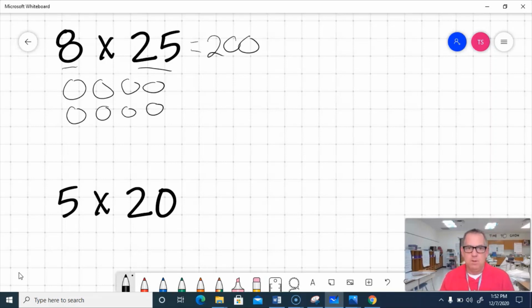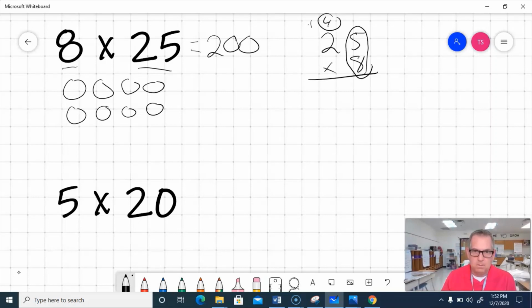And we can go ahead and work out that problem using our standard algorithm. So that's 25 times 8. We know 8 times 5 is 40. So I'm going to add the 4 there. And 8 times 2 is 16, plus 4 is 17, 18, 19, 20. So 8 times 25 is 200.